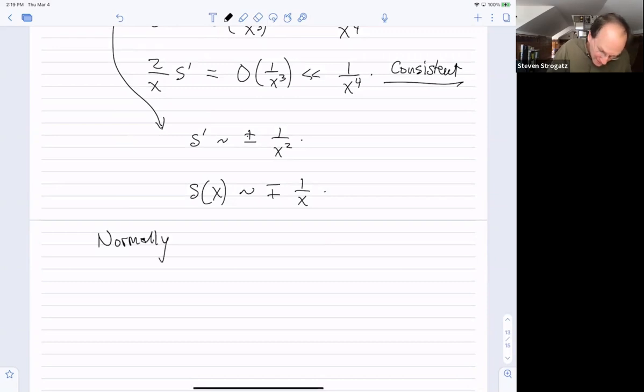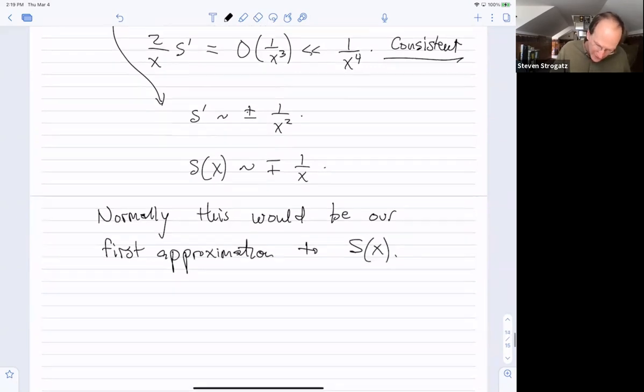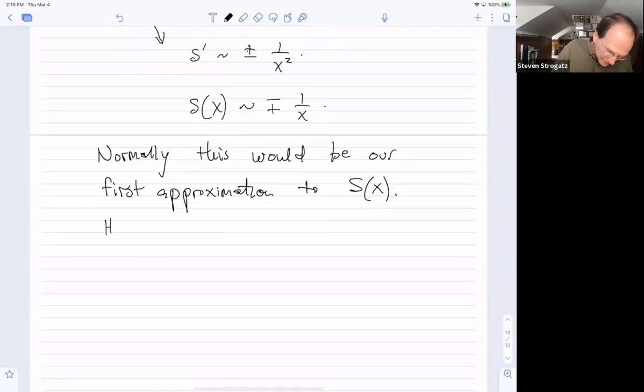Here it's actually exact, because of the problem being contrived.